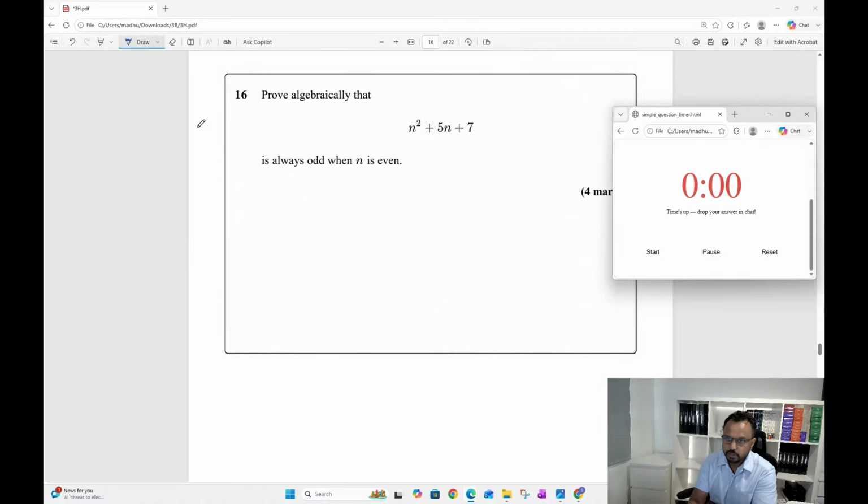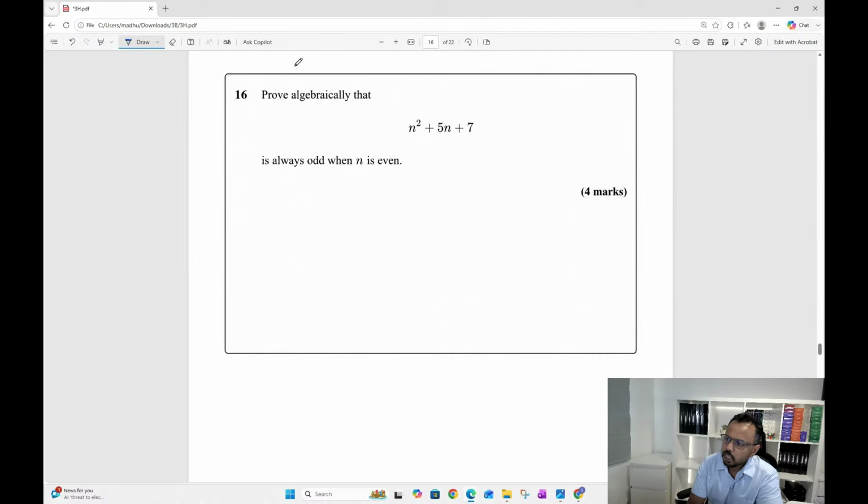Right. Let's have a look at this, guys. Prove algebraically that this is always odd when n is even. Now, guys, even numbers are multiples of 2. So let's say n is 2k. It's a multiple of 2. Now I'm going to substitute 2k here and 2k here.